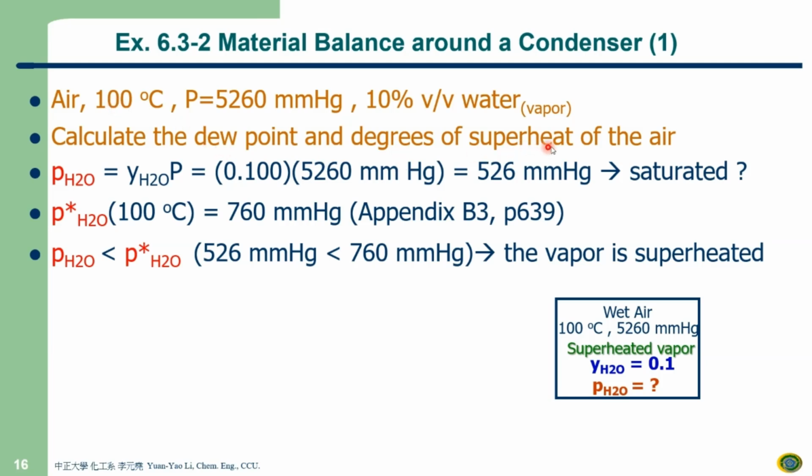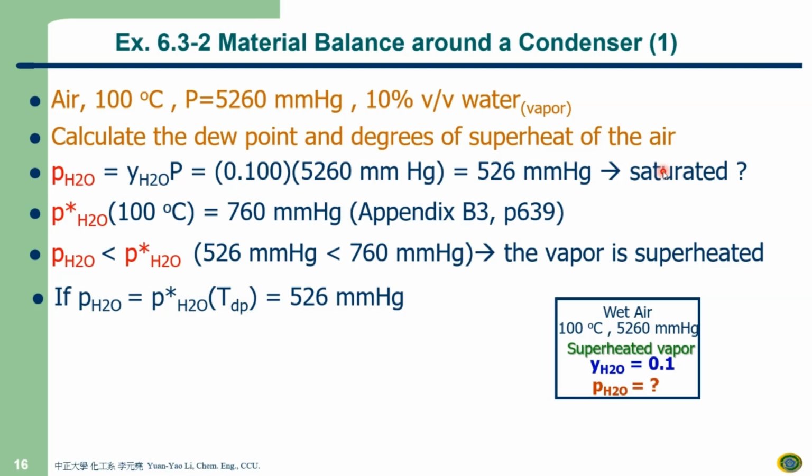The degree of superheat of the air is what? It's 10, because the first drop of water comes out at 90 Celsius, for example. So 100 minus 90 is 10. So the degree of superheat is 10. I hope you understand what I'm talking about.